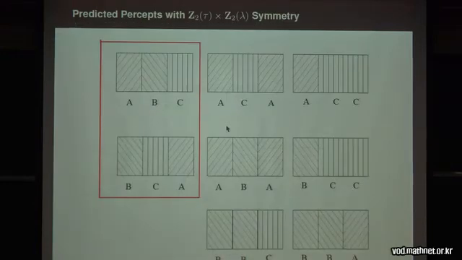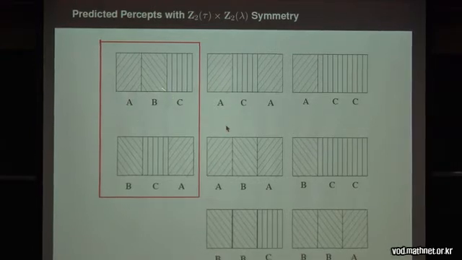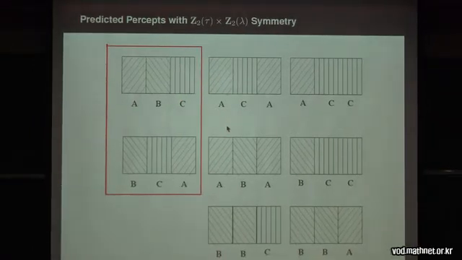And what we find using this Hopf bifurcation with symmetry arguments is that there are 8 different percepts that are predicted. The original ones, ABC and BCA. Then ACA and ABA. That is, A occurs in the left, A occurs in the right, and you could put B or C in the middle.